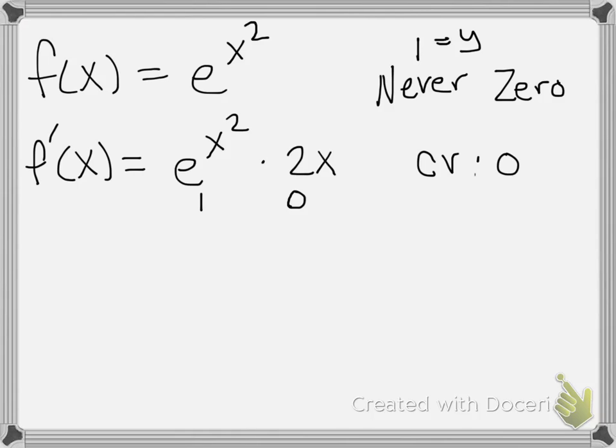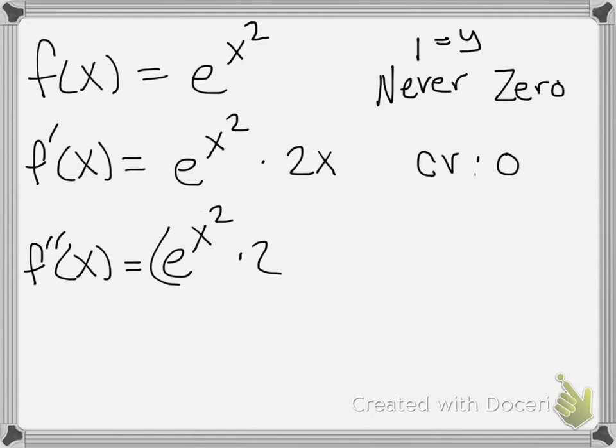Okay, and so now we need to take our f double prime. So we're going to have f double prime of x is equal to, we just found, e to the x squared times 2x.